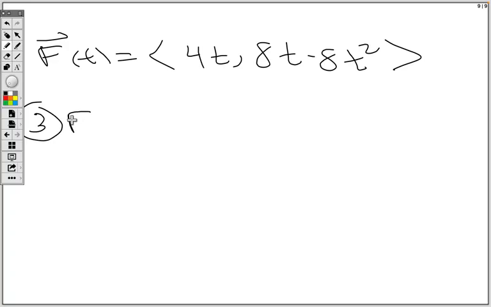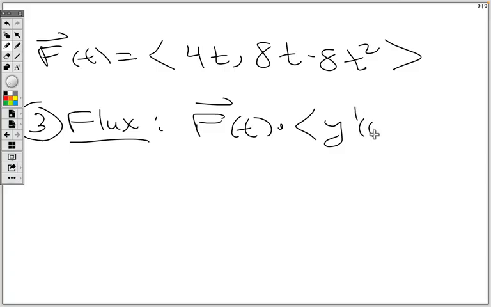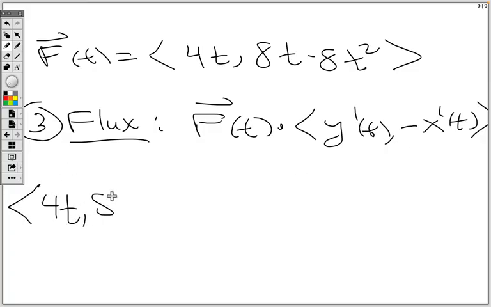All right, now since we're doing flux, we need to calculate F of t dot (y prime of t, minus x prime of t). So this is the difference between work, circulation, or flux. And for flux, we're dotting it with the normal vector because we're seeing how much of the field is getting across the segment here. So we've got 4t, 8t minus 8t squared.